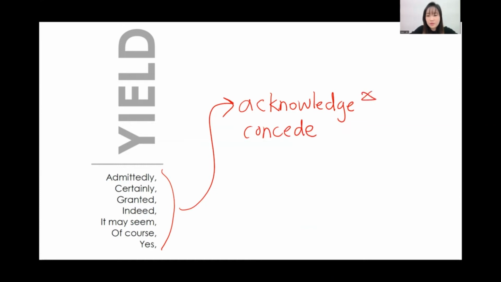These two key words are going to help you find the correct answer to the question, because when the author uses these yield pivot words, they are either acknowledging or conceding to the opposing argument. And that is why we need to look for these two key words when we are looking for the correct answer. So let's put this to the test.